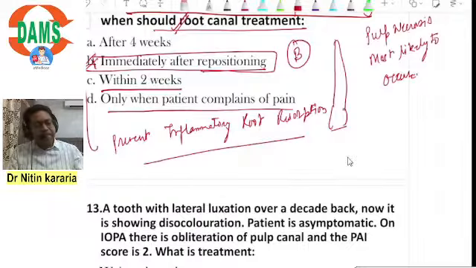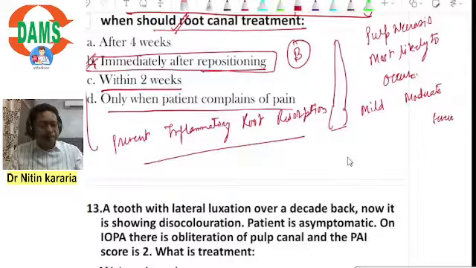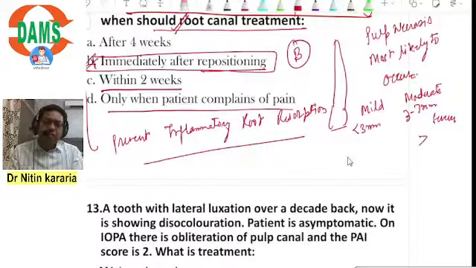See, intrusion can be mild, moderate, and severe. Mild intrusion is less than 3 mm intrusion. 3 to 7 mm intrusion is moderate, and greater than 7 mm intrusion is what? Very severe form of intrusion.